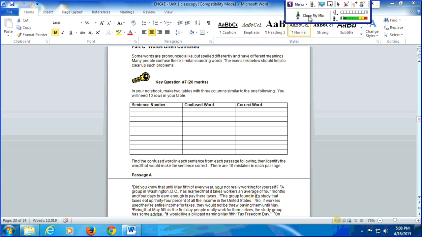Now we're going to look at our last activity for Unit 2. We are going to look at words that are often confused again. You have to try to identify them on your own this time.